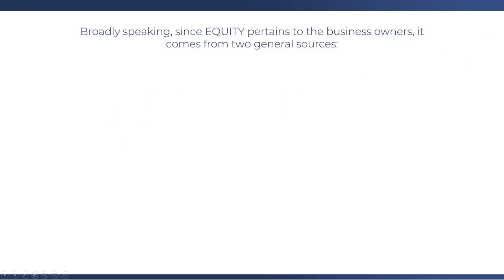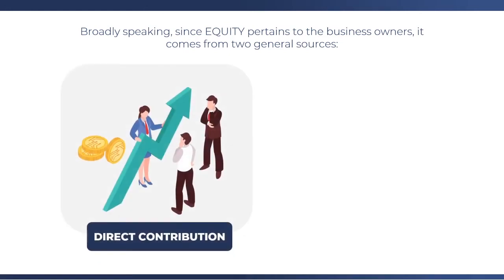Broadly speaking, since equity pertains to the business owners, it comes from two general sources. Number one, from direct contribution of the owners of the business, meaning that when shareholders or owners of the business contributed directly to the business, like if this is the business owner, and let's say that this is the personification of the business, the business owner is giving money directly to the hands of the business.